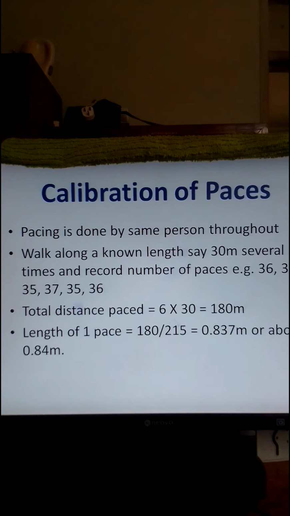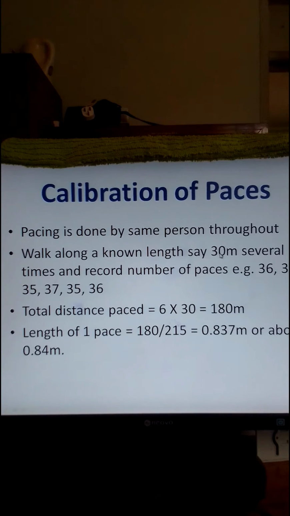Okay, so when you survey, because you are working as a group, a team of surveyors, pacing is done by the same person throughout, because people have different paces. So when you want to calibrate the paces, you need to walk along a known length, say 30 meters, several times.